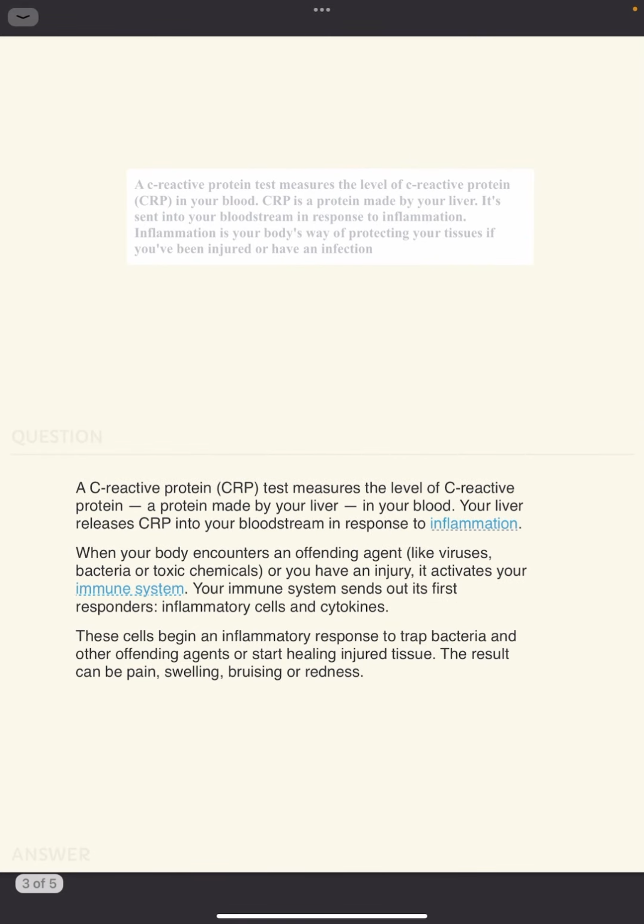A CRP test is a C-reactive protein test, which measures the level of C-reactive protein in the blood. First of all, what is C-reactive protein? The C-reactive protein is made by the liver, and it is sent into the bloodstream in response to inflammation.